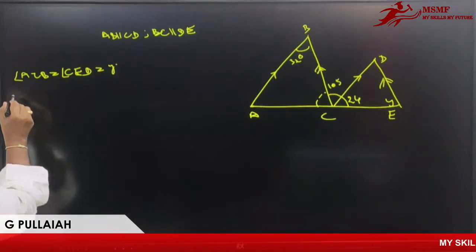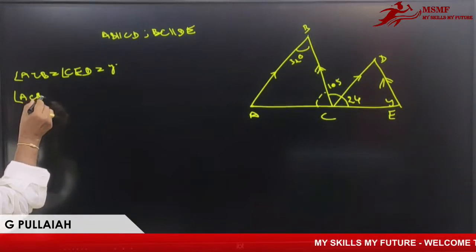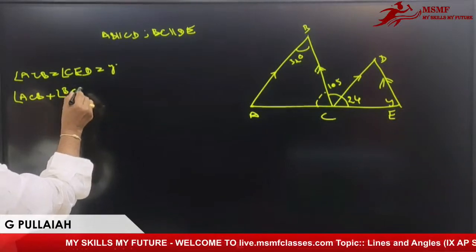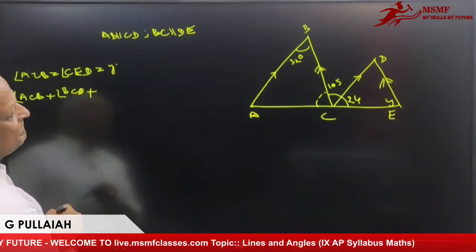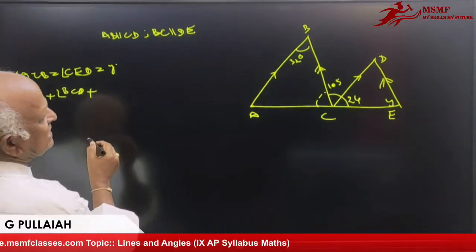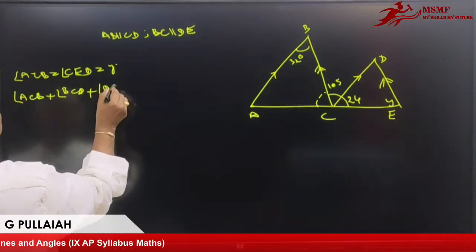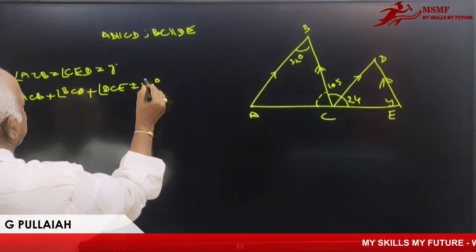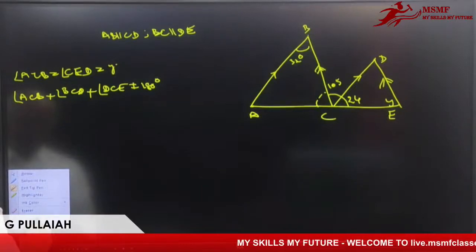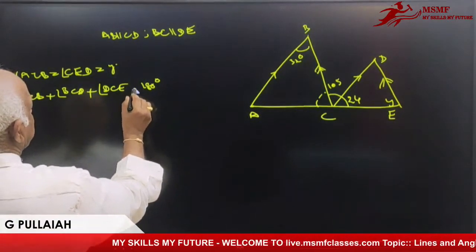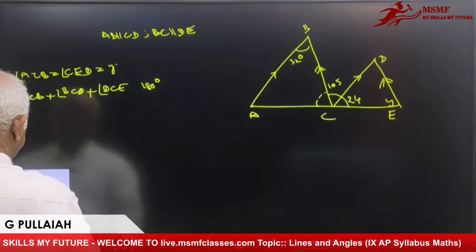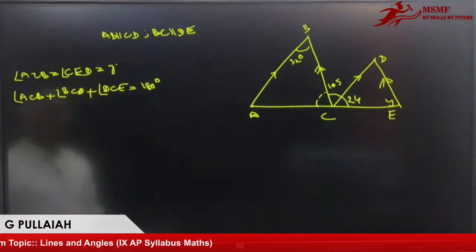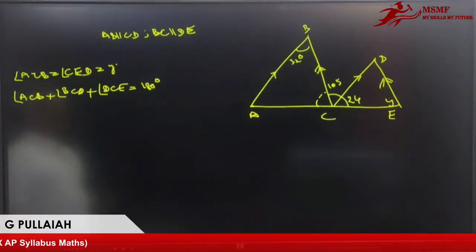So now here angle ACB plus angle BCD plus angle DCE is equal to 180 degrees because it's a straight angle.